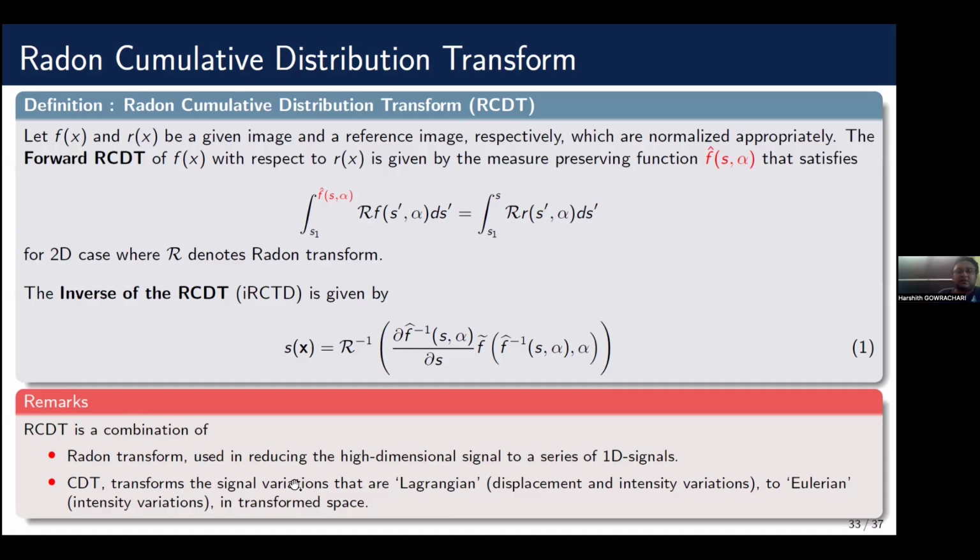And the main advantage of CDT is this, with which we can notice a sharp Kolmogorov decay in the transform space.